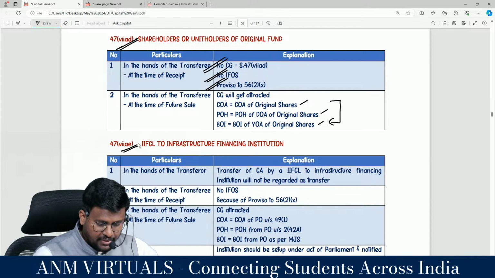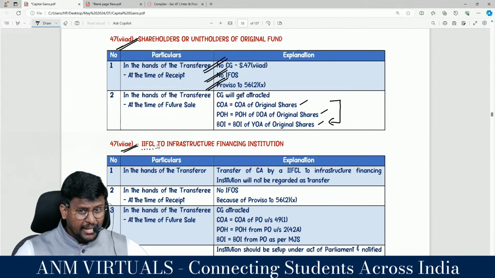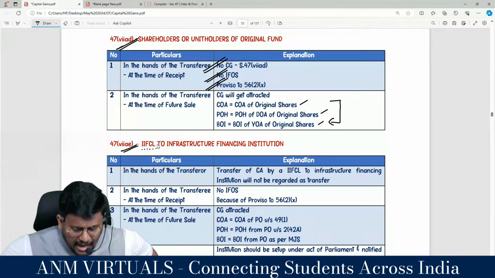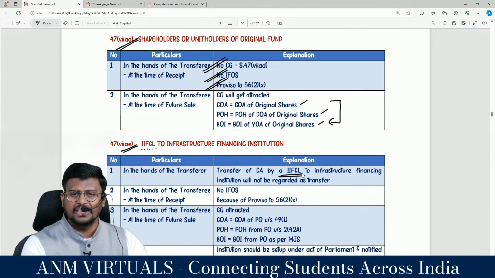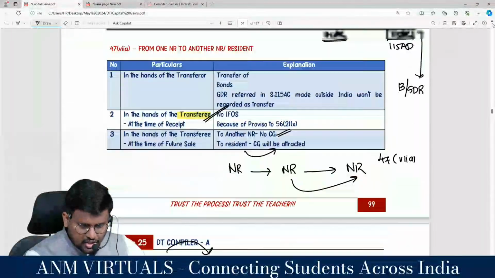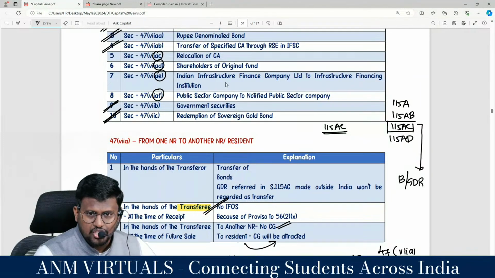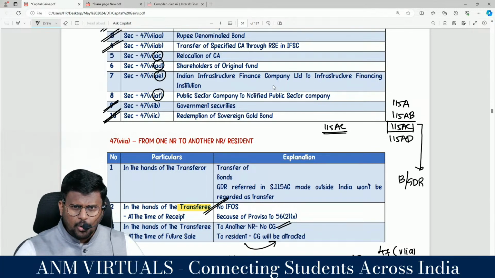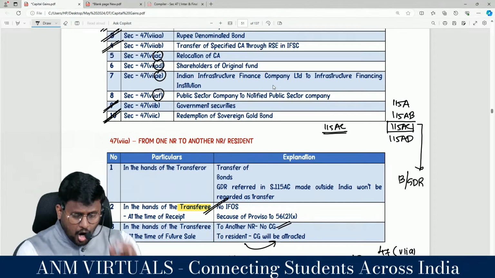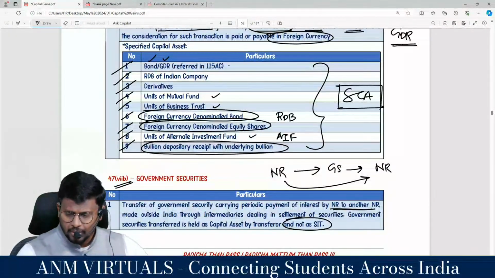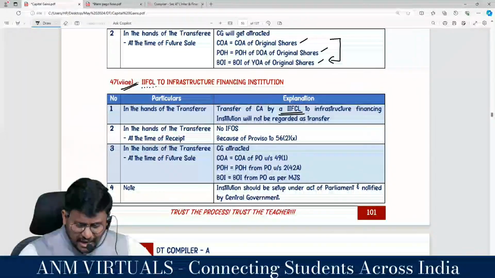Next one, AE. Sir, IIFCL to infrastructure institution. Just as we said banking company to banking institution, this is transfer of capital asset by IIFCL. What is IIFCL? Indian Infrastructure Finance Company Limited, as written above. You were alone before. Hello sir, now ten of them join together and become something. So all the capital assets of Indian Infrastructure Finance Company Limited will be moved to the infrastructure financing institution.